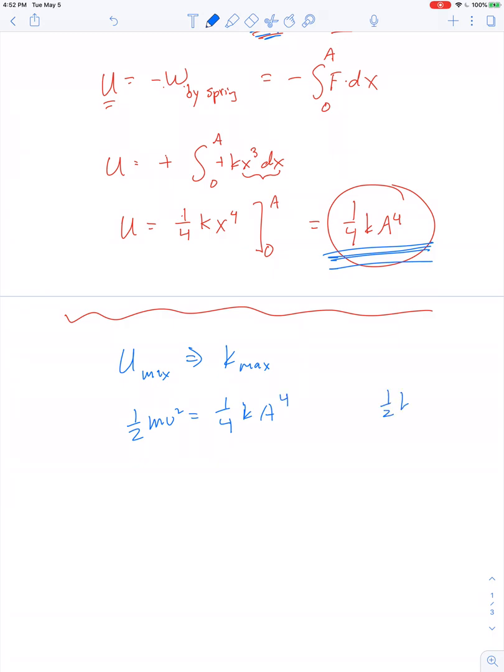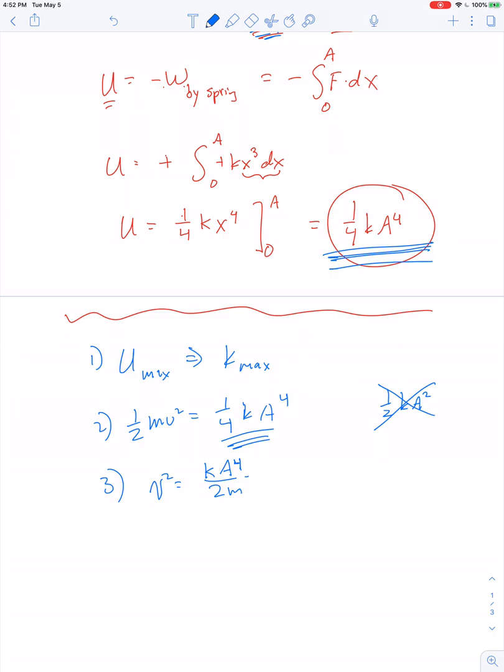I'm so used to writing 1/2 k a squared for maximum energy of a spring, but this is a different type of spring altogether. If we multiply both sides of this equation by 2 and divide by m, we find that v squared is equal to k a to the fourth divided by 2m.